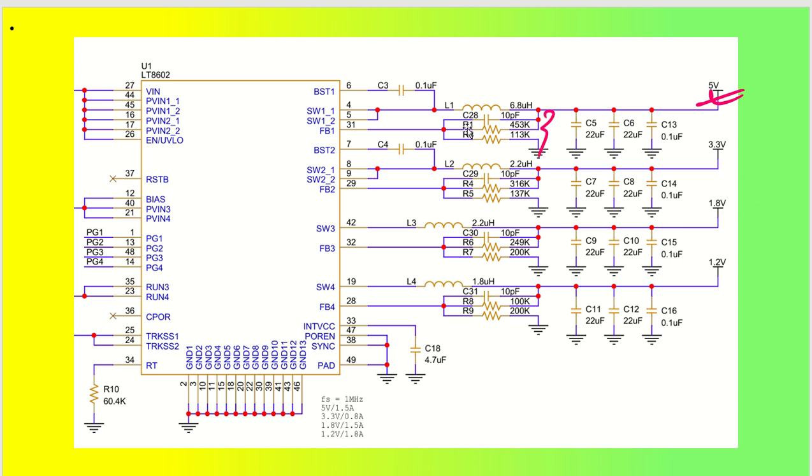You can see here R1 and R3 make a combination of voltage division from this place to this place and this place to this place. This particular voltage is nothing but your FB1, similarly FB2, FB3, FB4. So there is an ample amount of requirement where you need to design your voltage divider circuit.